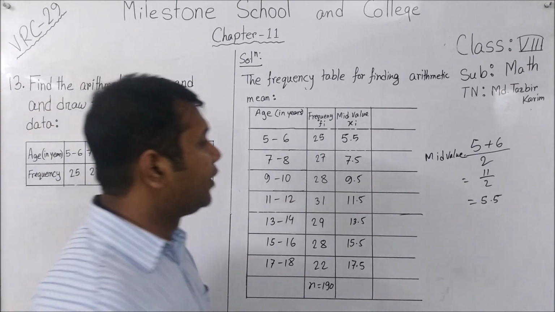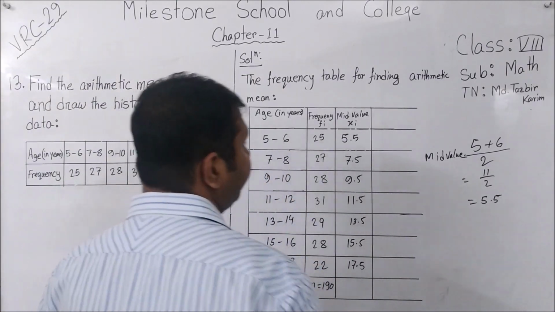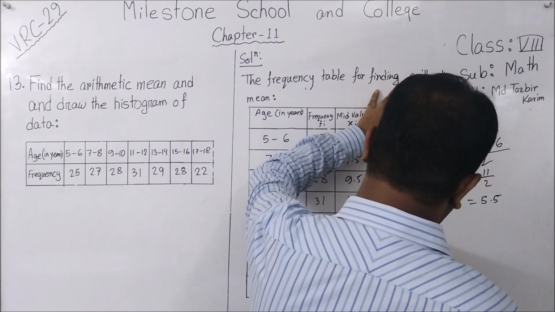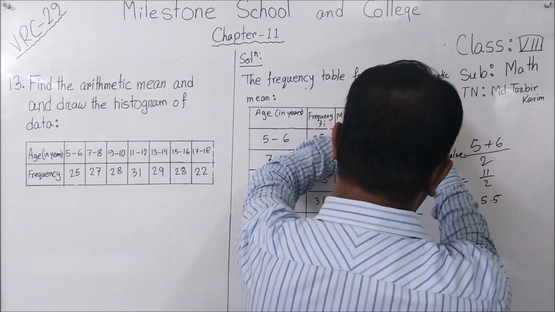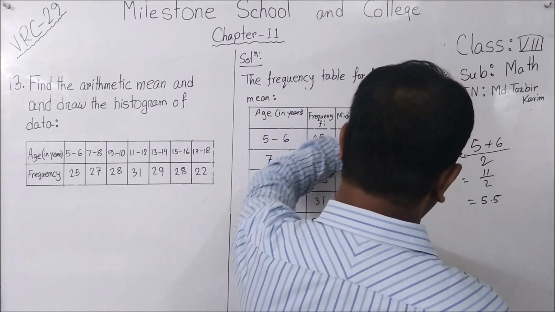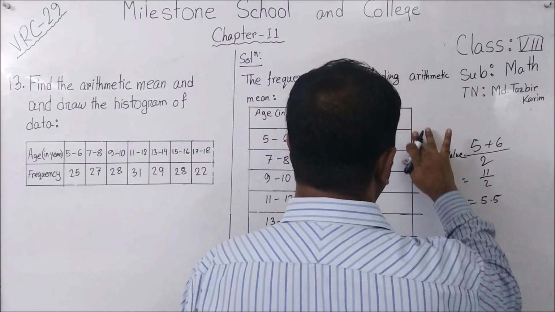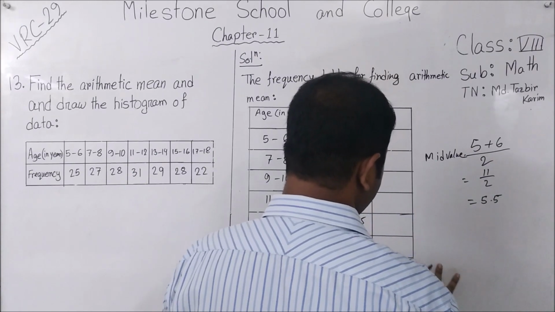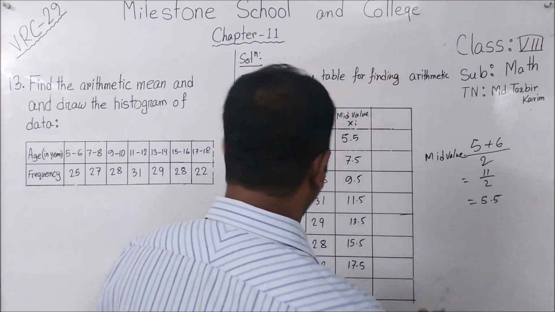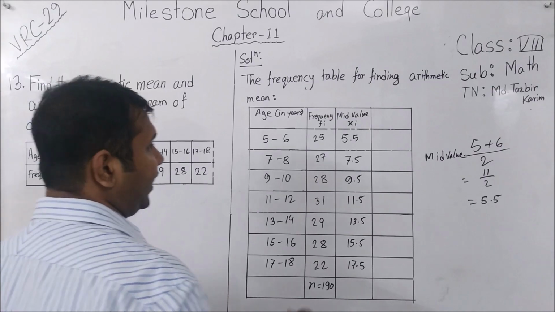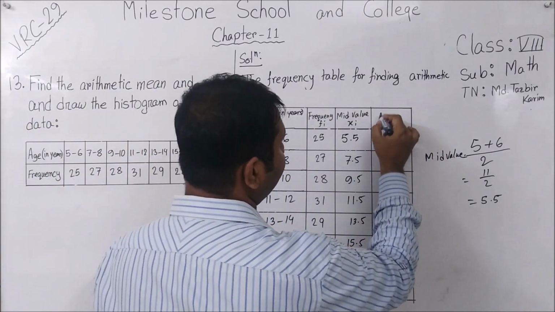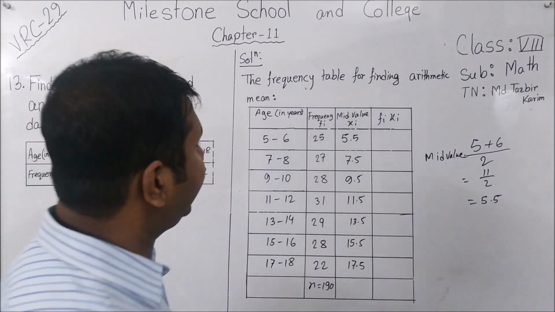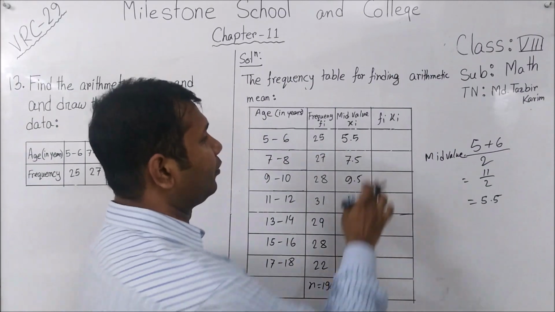Okay. Now we have to find out the fi xi of the given data. So how are we going to find it? We are going to find fi xi, the product of these two numbers, and put it here.